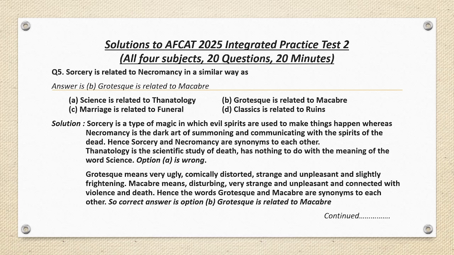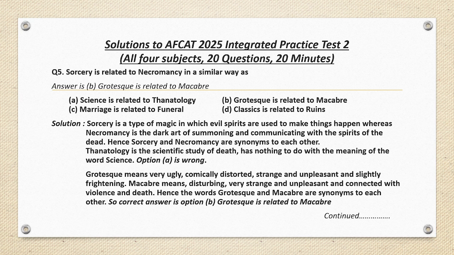Sorcery, it is a type of black magic, right? Where evil spirits are used to make things happen, right? This is all bakwas. Whereas necromancy is the dark art of summoning and communicating with the spirits of the dead, right?